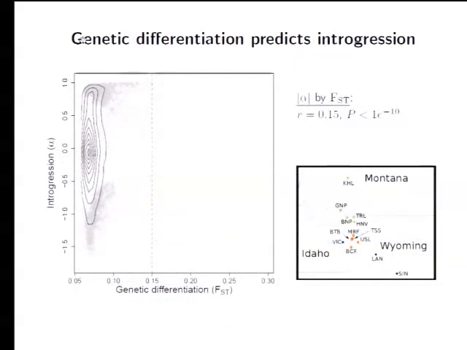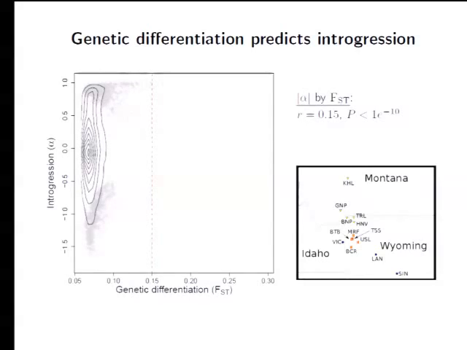So here we have a plot of genetic differentiation, FST, on the x-axis, and that integration measure, alpha, on the y-axis. Each of these little circles is a locus. The little contour plots here are showing you the density of points. Dark gray points are cases where alpha is significantly different from 0. And this red line is basically a threshold, again, a somewhat arbitrary threshold for defining things as statistically exceptional with respect to FST.